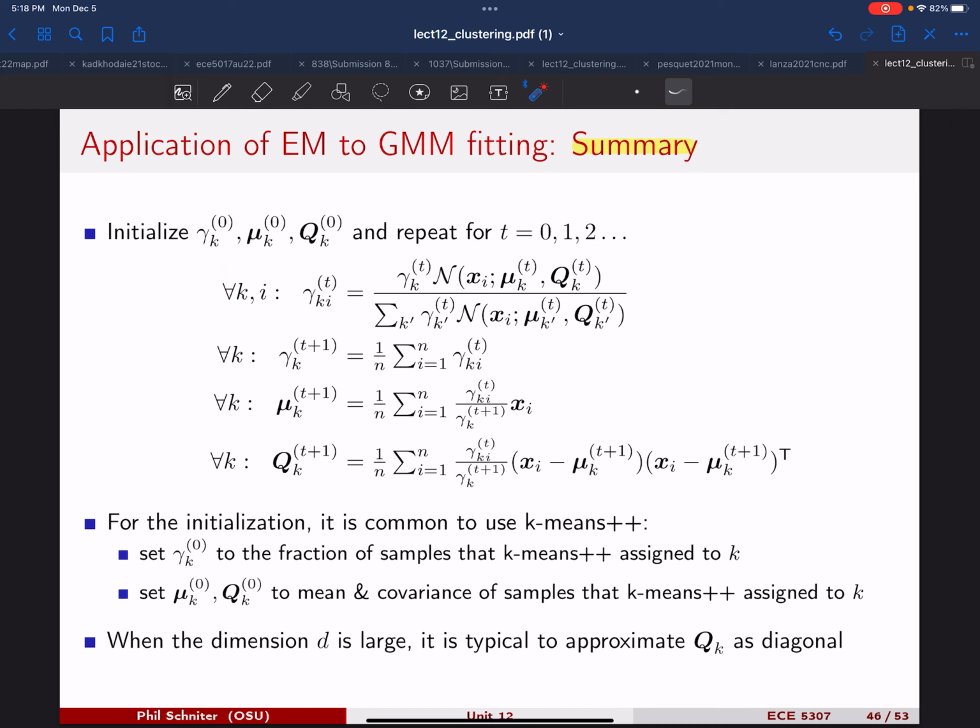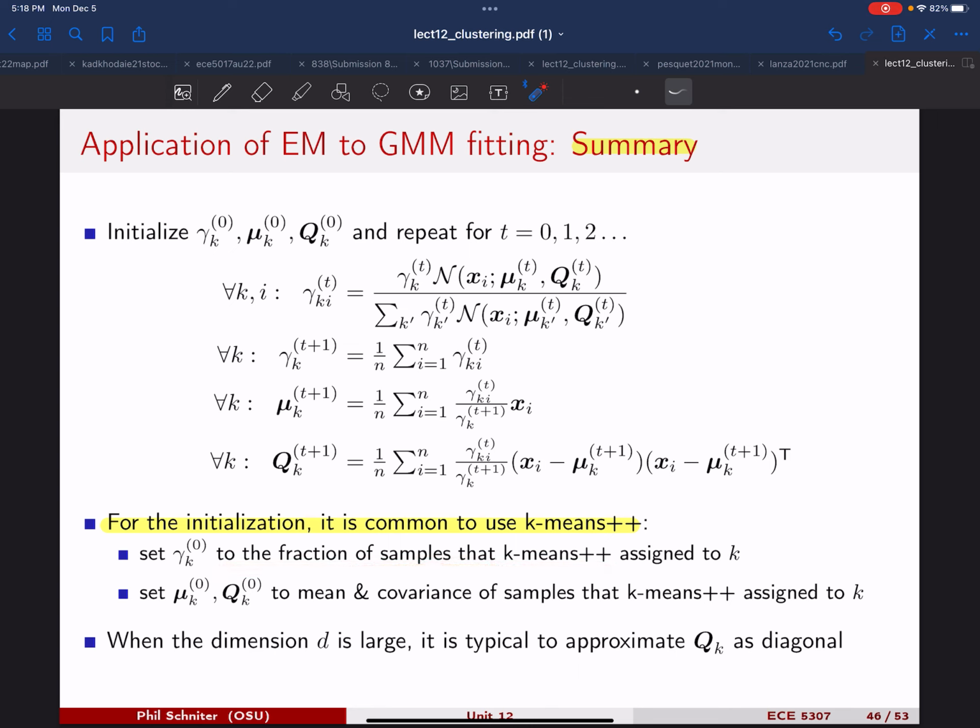One last question is, how do you initialize these? A very common approach is to use k-means, k-means plus plus. In particular, what k-means will give you is hard cluster assignments. And so what you do is you set this first term, gamma k0, to the fraction of samples that k-means assigned to k.